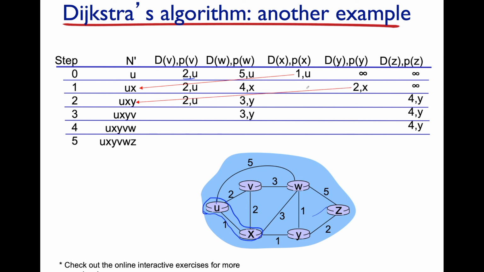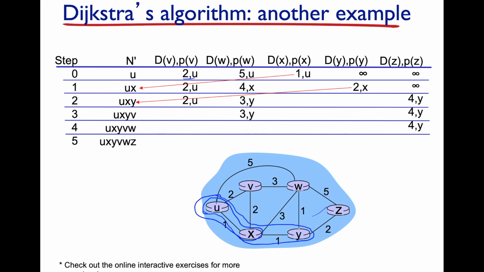So we choose Y, and now we've grown the blob to include Y. We're adding Y to that set N prime, and now we consider all of Y's neighbors. Y's neighbors include X, W, and Z. Now, X is already in the set of least cost path nodes, so we will not consider X, but we will consider W and Z.